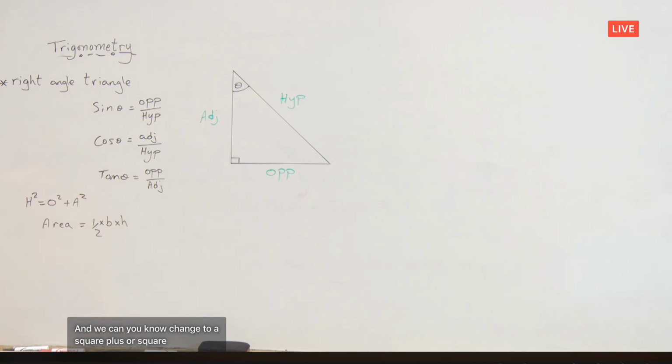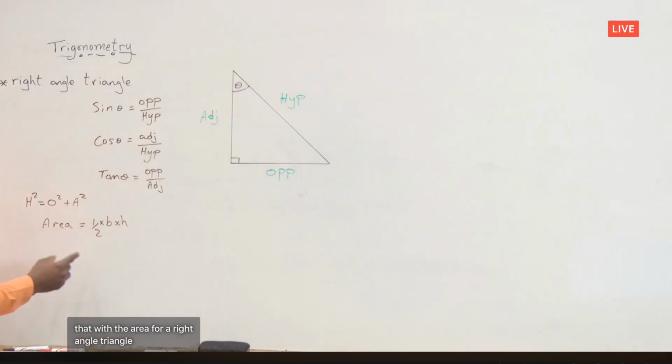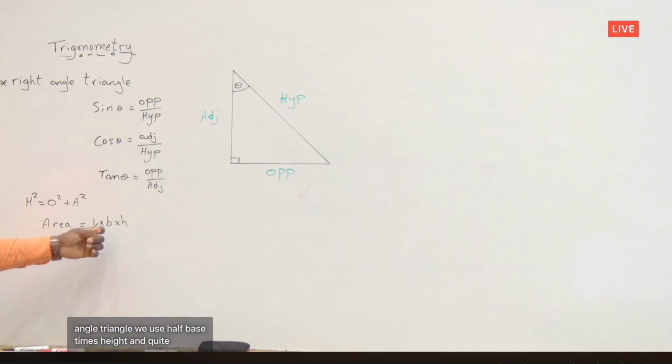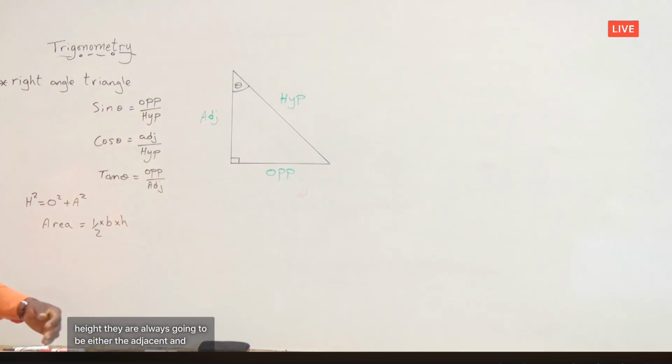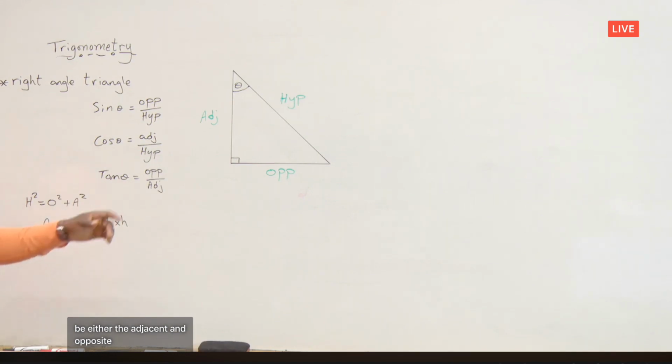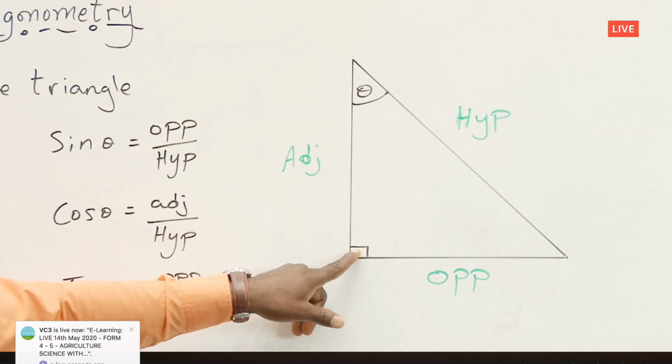Doesn't make a difference. The other thing we needed to learn is that for the area of a right angle triangle, we use half base times height. And quite easily, these two sides, the base and the height, are always going to be the adjacent and the opposite lengths, because this 90 degree angle here is what gives us the base and the height.